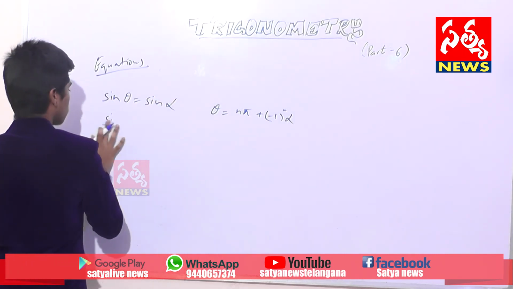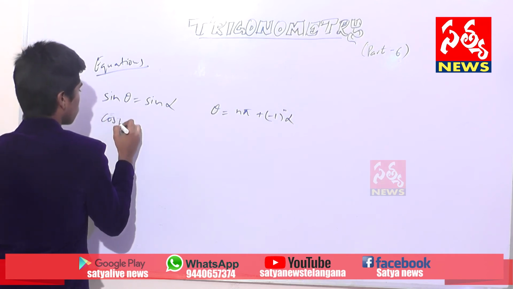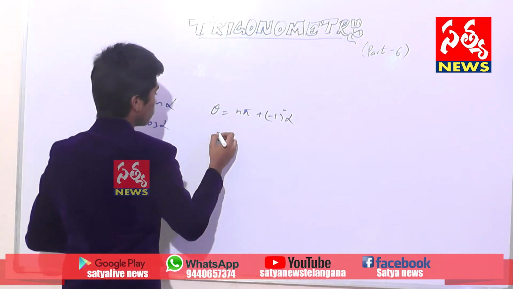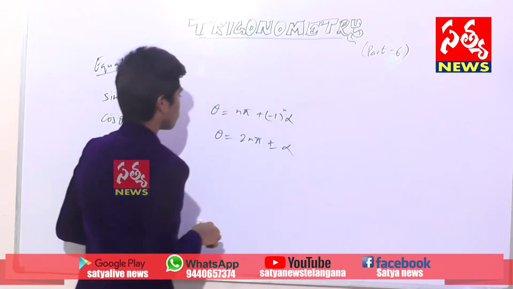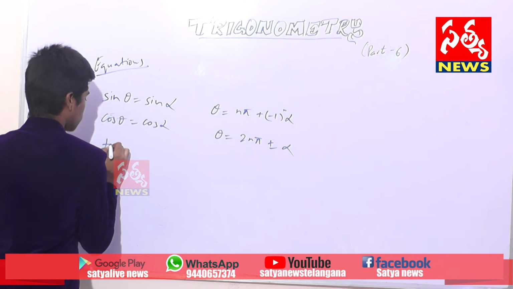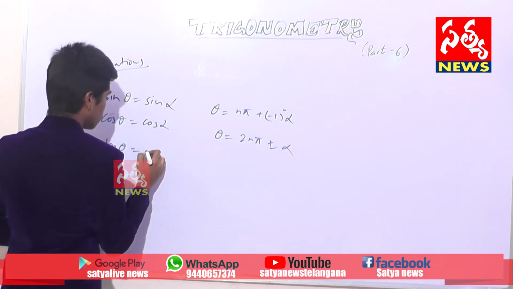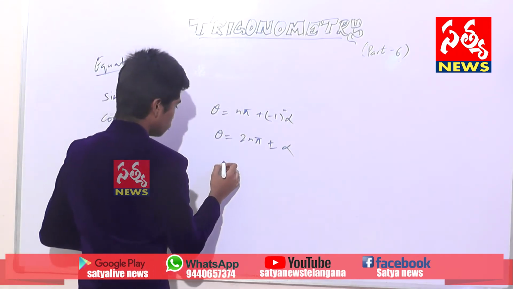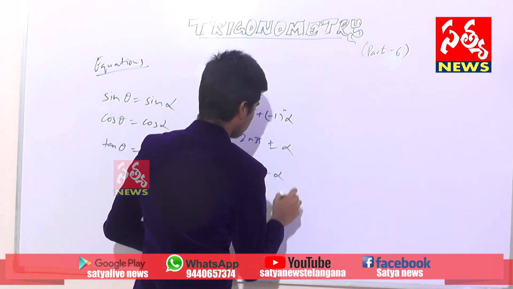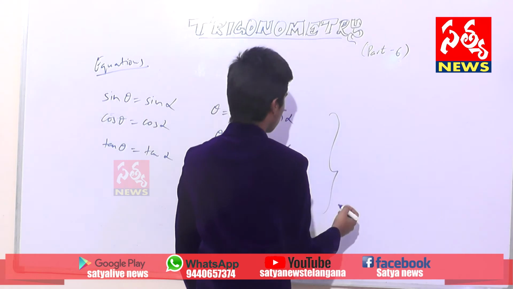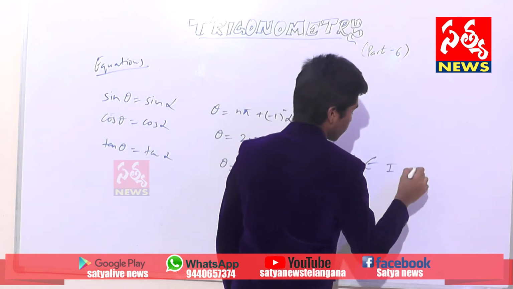The next is cos. If cos theta is equal to cos alpha, then theta is equal to 2n pi plus or minus alpha. Next is tan. If tan theta is equal to tan alpha, then theta is equal to n pi plus alpha.